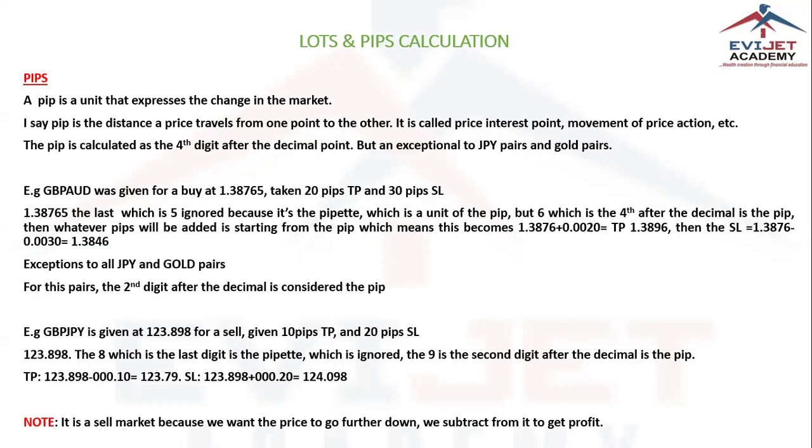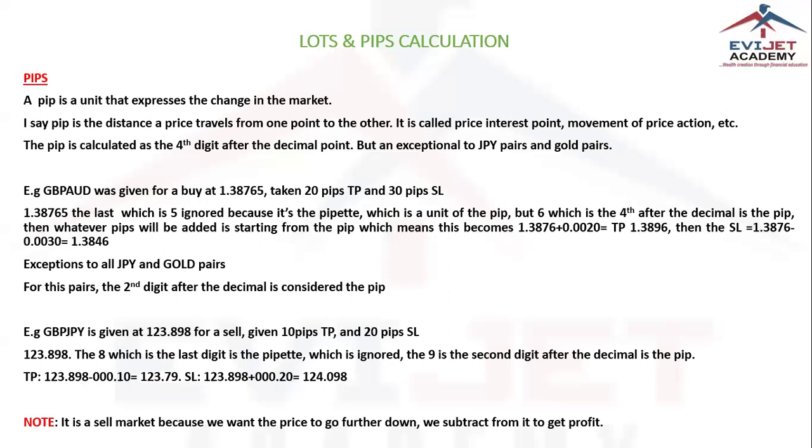When you are buying, your take profit is above your entry price and your stop loss is below your entry price. When you are selling, your take profit is below your entry price and your stop loss is above your entry price. In this case, we are buying GBP AUD.